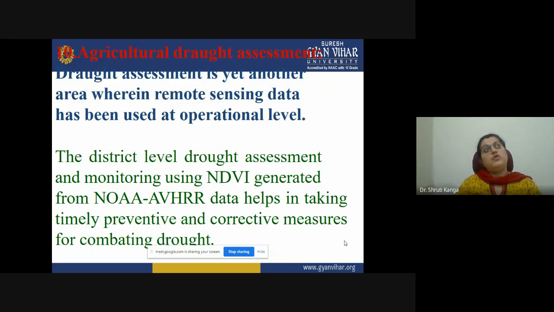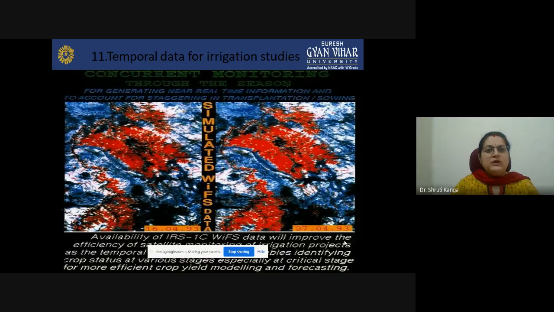We have to go for maybe water potential site zonation mapping, or watershed management in those areas. Those are the activities we need to carry out to manage or combat drought-like conditions. Then we have temporal data for irrigation studies.